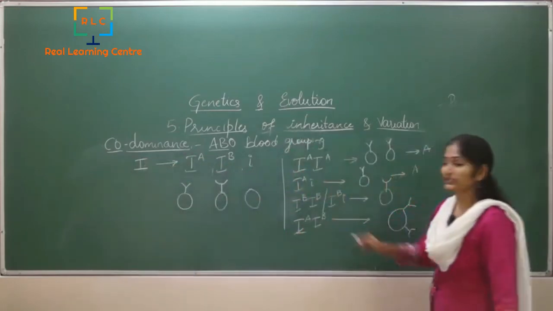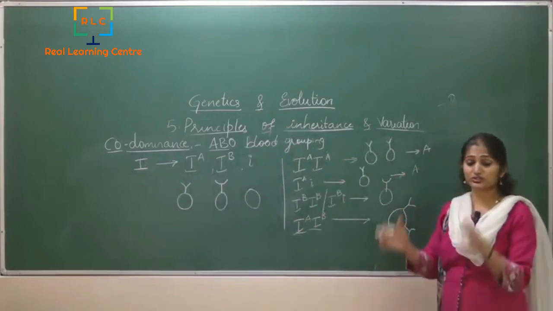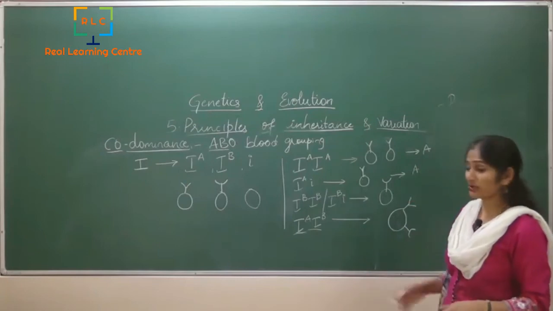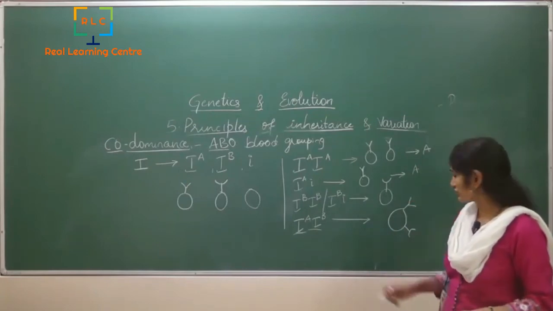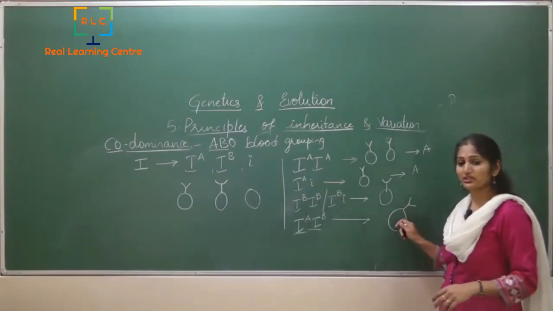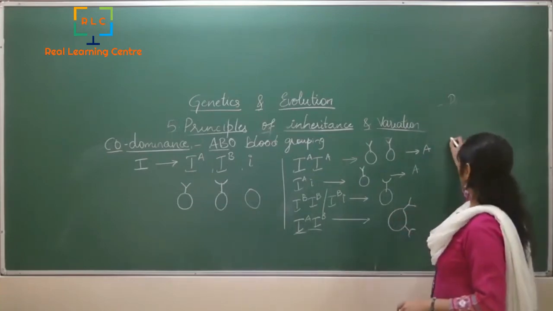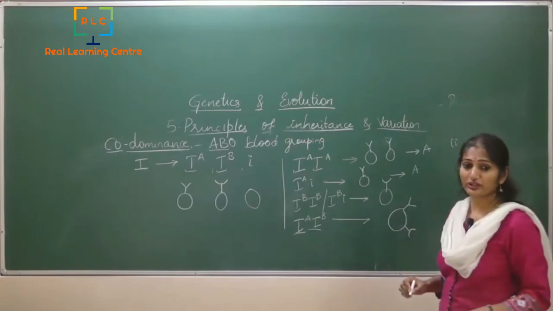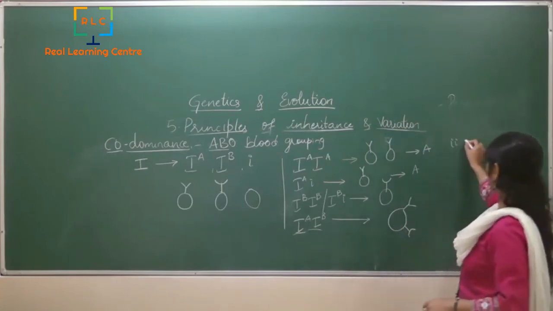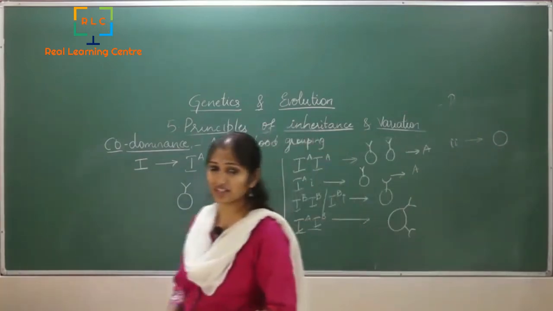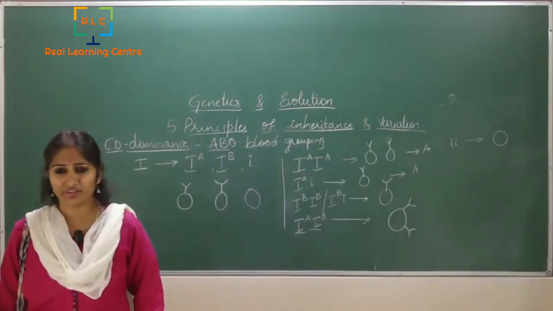A is also expressed, B is also expressed, and equally expressed. It's not just partially expressing, it is equally expressed, such that on the red blood cell you have both the A as well as the B antigen. And sometimes there is also the possibility of getting small i and small i, in which there is just the red blood cell, right? Did you get the point?